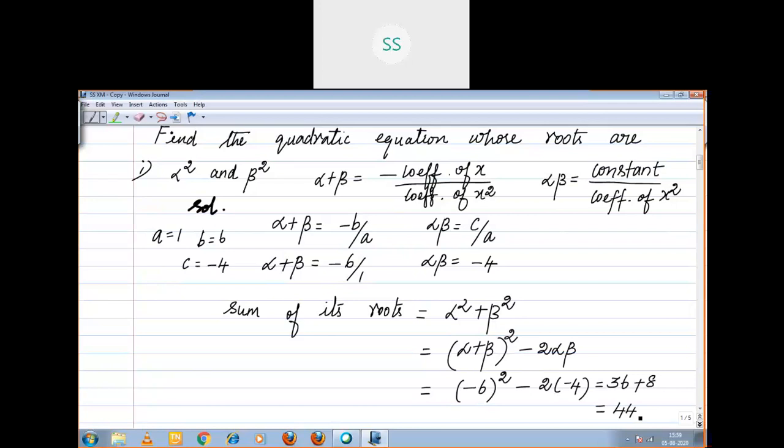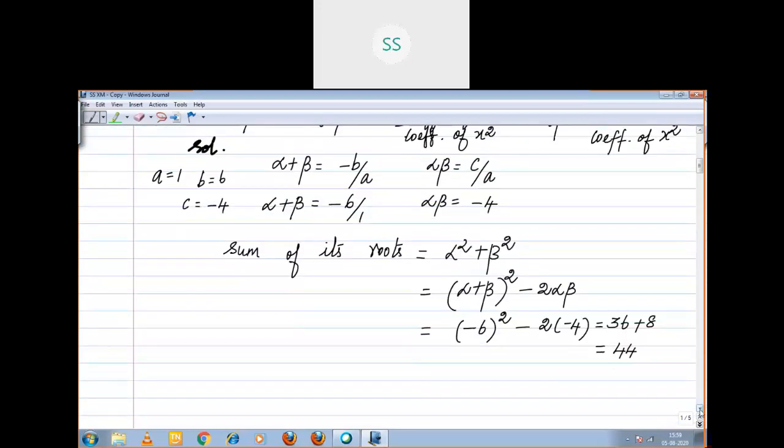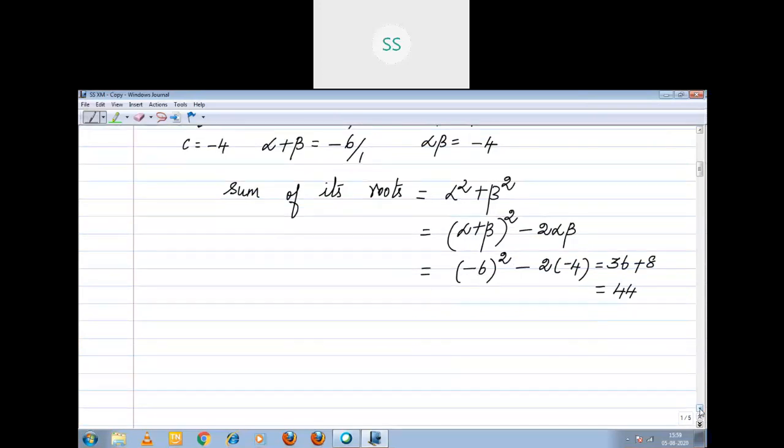Sum of its roots. The next, you want to find the product of its roots. Product of its roots means you want to multiply the given roots, right? That's it. One is alpha square, another one is beta square, right? Alpha square into beta square can be written as alpha beta the whole square.